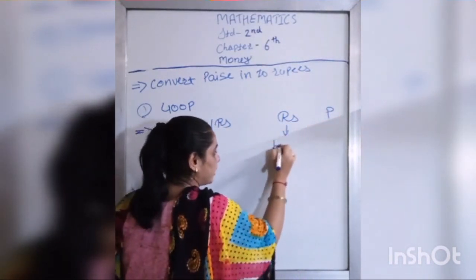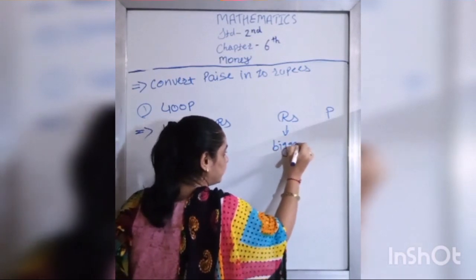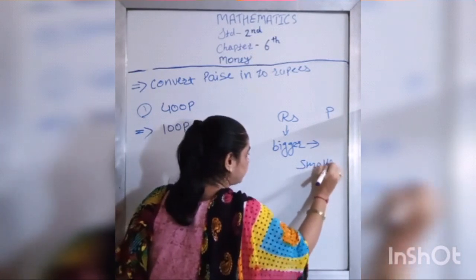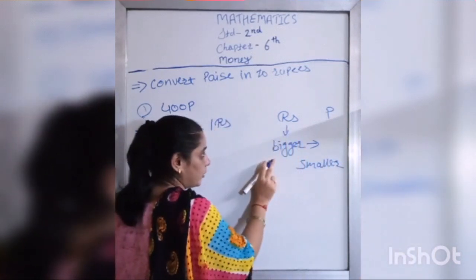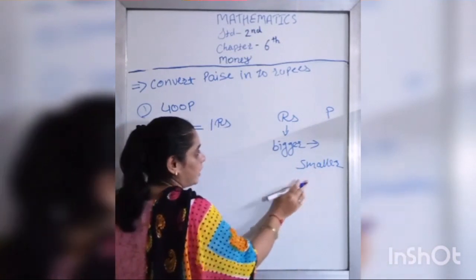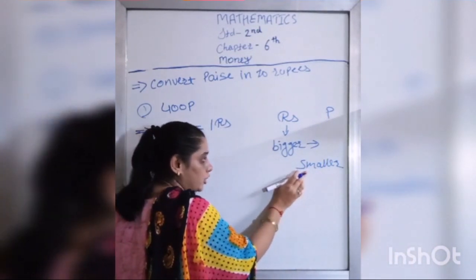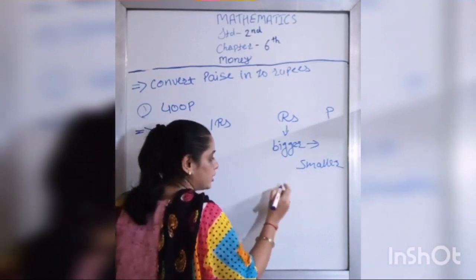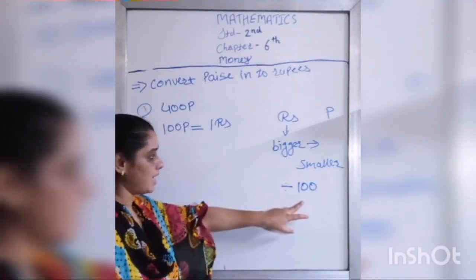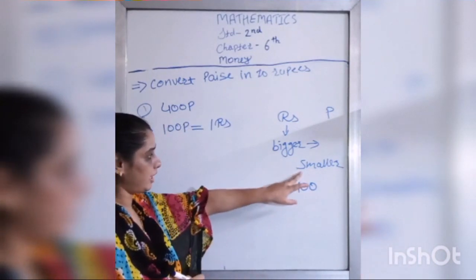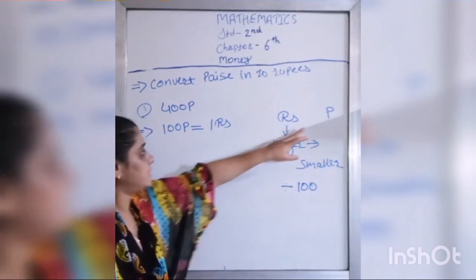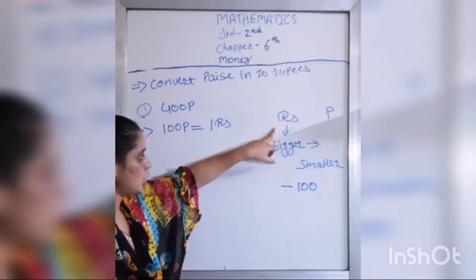The rupee is the bigger unit and the paise is the smaller unit. Whenever we convert a smaller unit to a bigger unit, we divide by 100. Paise is smaller than rupees.